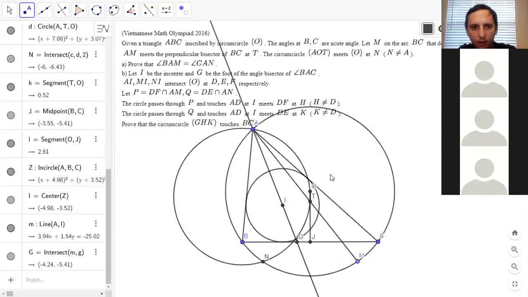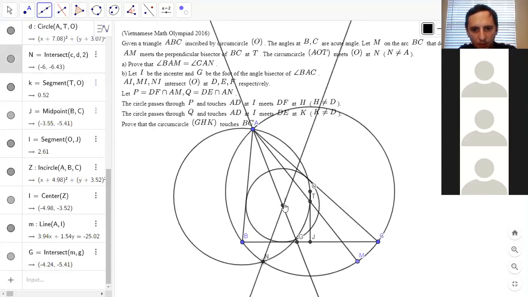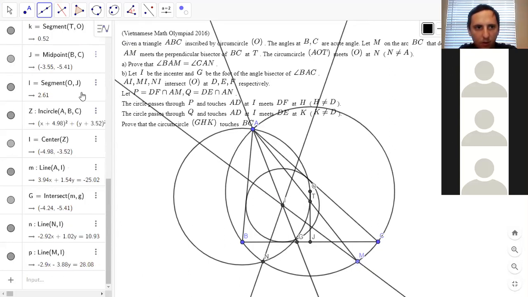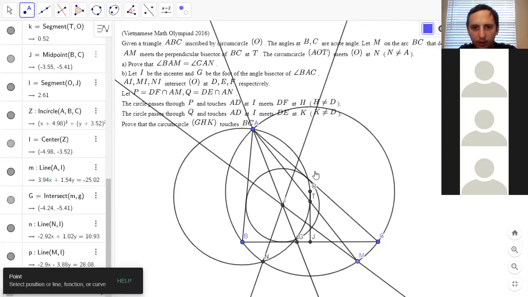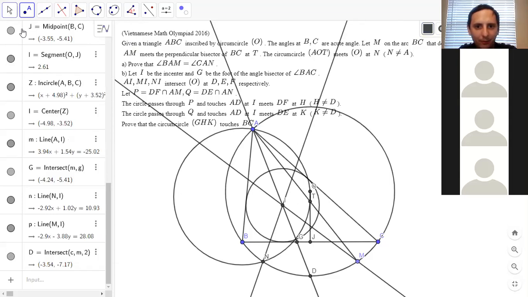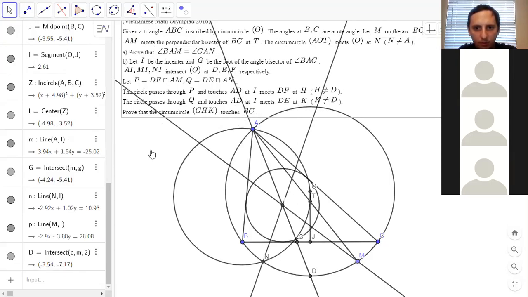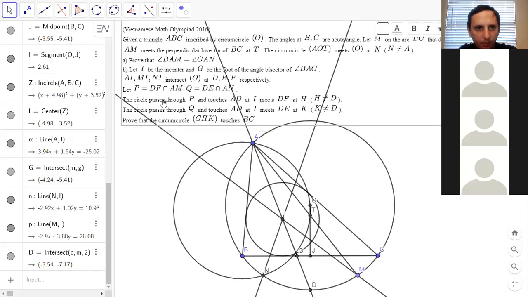And AI, MI, and NI intersect the circle at D, E, and F. Interesting. Let's see, is that D? Yes. I don't have to rename the points. So let me move this all the way down, move this all the way up.